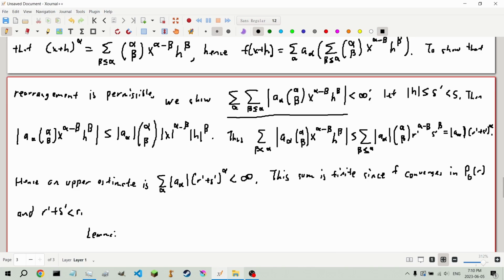Mostly for free. We're going to let f be the sum of a_alpha x^alpha, convergent in the strict polydisk of radius r, and we're going to define delta to the beta of f to be the sum for alpha being at least beta of a_alpha times alpha choose beta times our indeterminate x^(alpha minus beta).